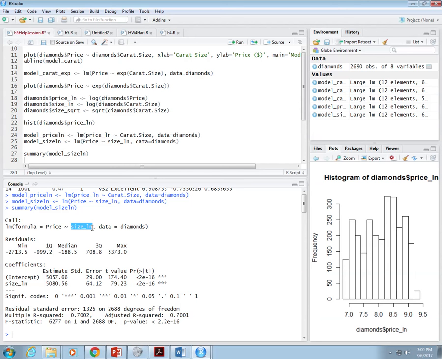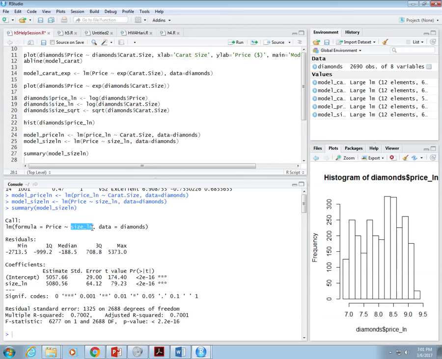Regress against beta naught plus beta 1 times the size. Now you can plug in size just as the normal carets, but usually you don't care about the log of price, so you need to exponentiate both sides to get price. So you take e to the power of this and e to the power of this, and that's still equal, and so you'll get that your prediction for price is equal to e to the power of beta naught plus beta 1 size.